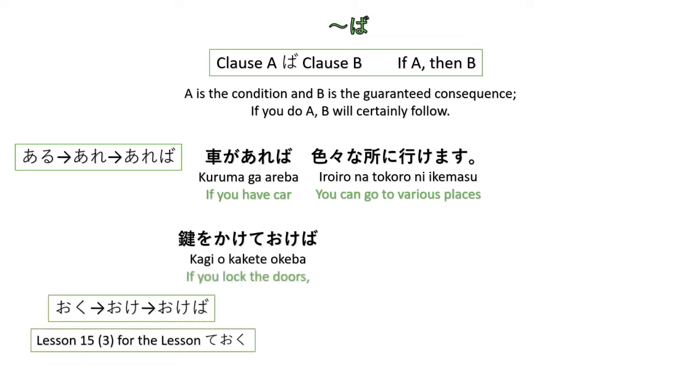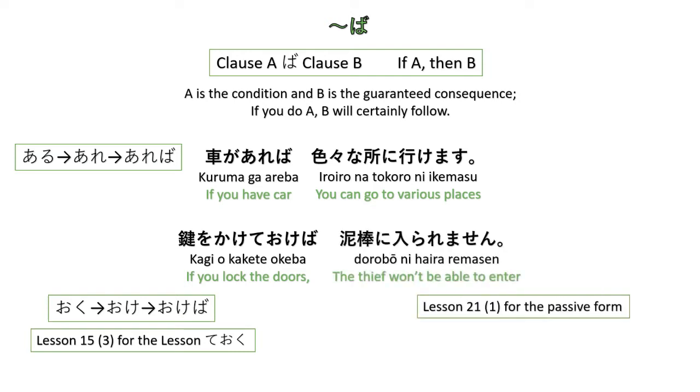Another, kagi o kakete okeba, if you lock the doors. So, te okeba comes from teoku, which we have learned in lesson 15, part 3. So, kagi o kakete okeba, if you lock the doors, dorobo ni hairaremasen. The thief won't be able to enter.